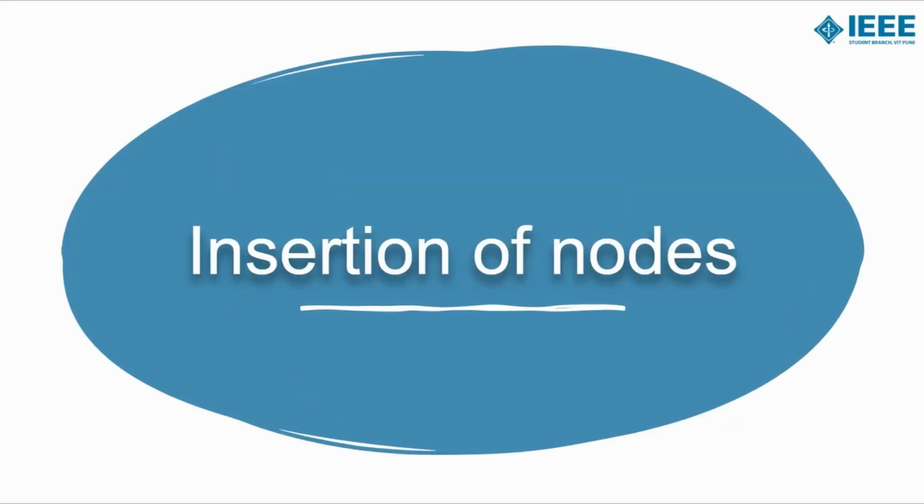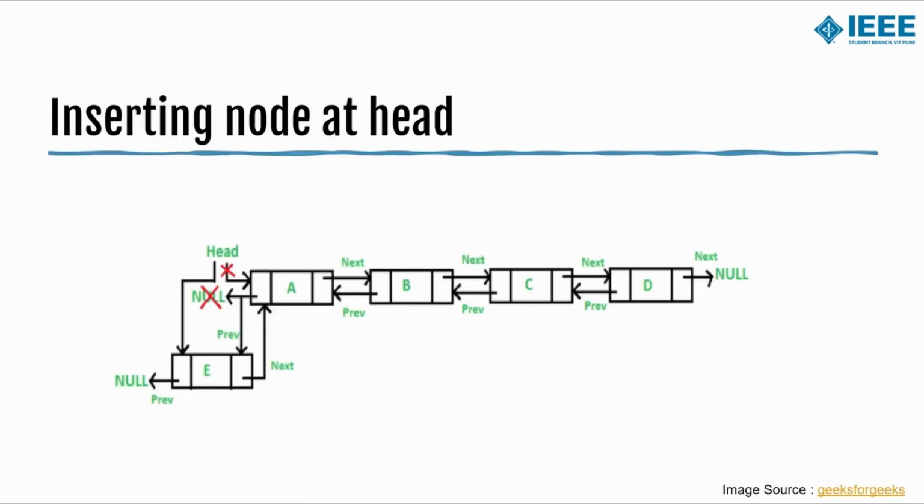So first of all, we'll be going through the first method of insertion of nodes so that we'll be able to at least print the linked list and understand how exactly a doubly linked list is going to perform. So inserting a particular node at head. As the previous slides showed, the head will be pointing towards the first node, and so on.